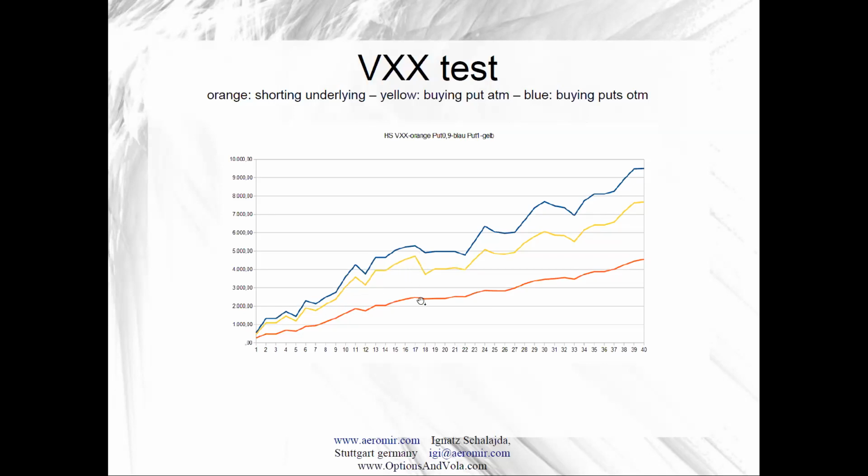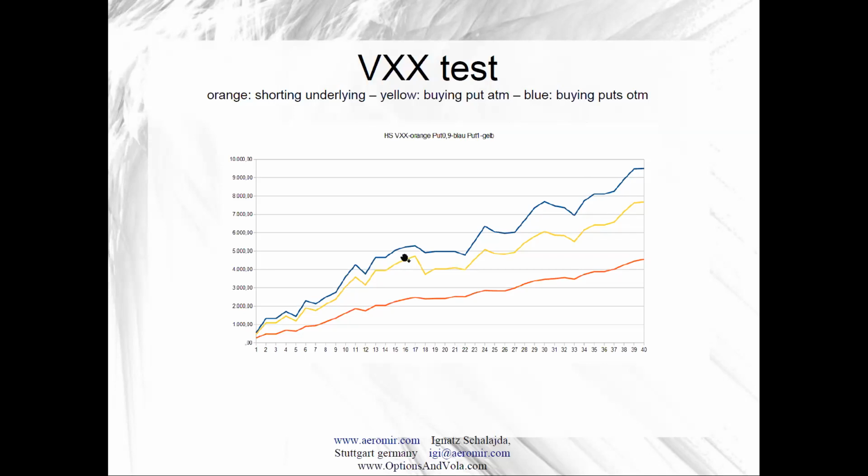Same entry, same exit at the same time. This strike is always at the money. And so you can see it here. Two things. First of all, if I buy a put slightly out of the money, I have better results.